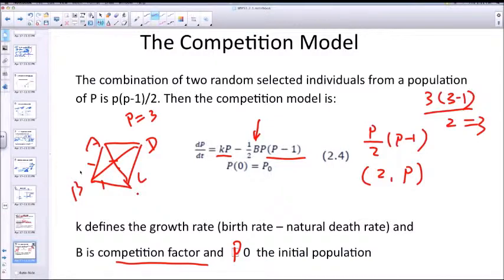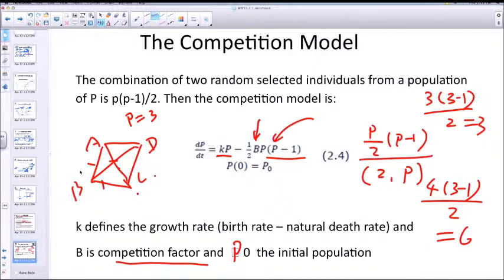Then your P equals 4 is 4 times (4 minus 1) over 2, which equals 6. And if you get a 5, you're going to add more. So that number here is the combination of 2 competing for 1 share of surviving food.